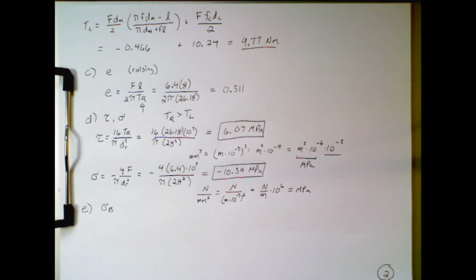Now, earlier I mentioned that this is a statically indeterminate structure. If we have more than one thread taking the load, it's not going to distribute the load perfectly evenly across all the threads. What has been discovered through experiments is that the first thread takes the majority of the load.